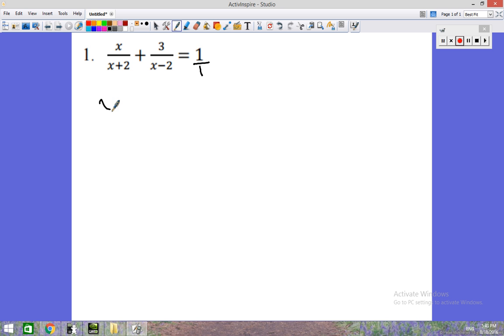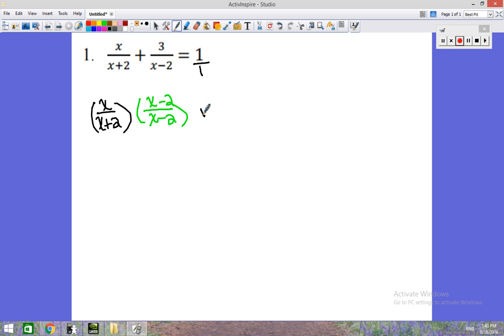This first term is missing this factor of x minus 2. So I can't just come in and put it in the denominator by itself, but if the numerator and denominator are equal to each other, then that fraction just reduces to 1, and I can multiply by 1 without changing the problem.